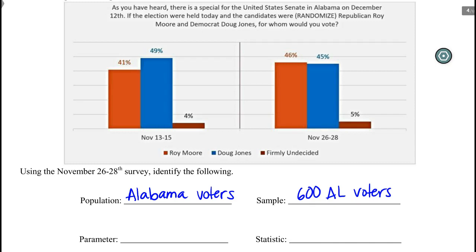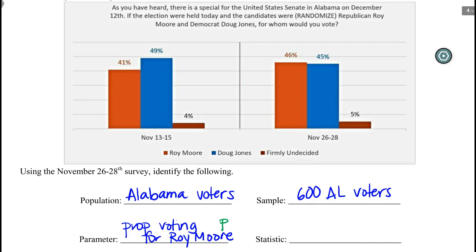I'm going to make this a little simpler and ignore the undecided, and say that our parameter of interest was the proportion or percent of people voting for Roy Moore. I'm overly simplifying it because it's going to make our lives a lot easier and ties in better to what we do in Part 6. If you want to talk about this proportion of people voting for something, we usually denote this in statistics with a P. This is our proportion.